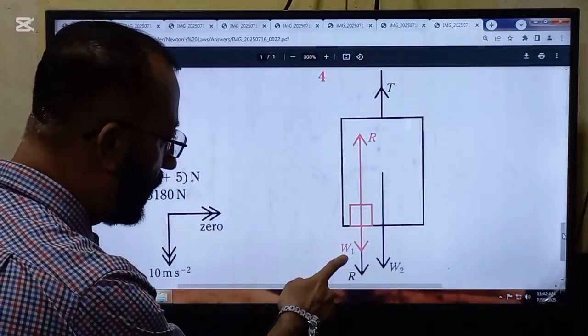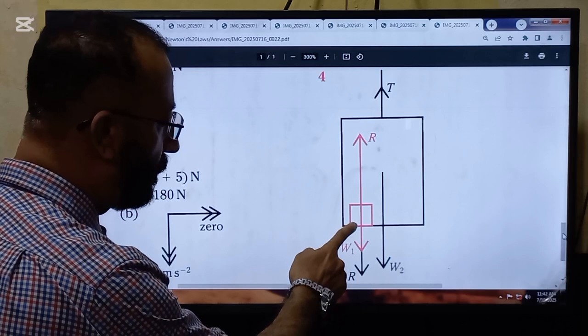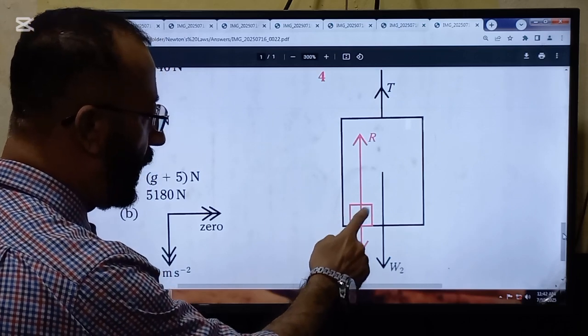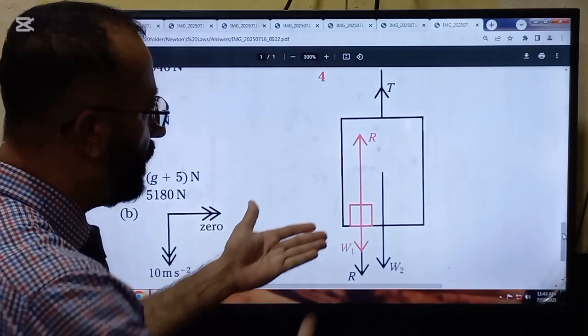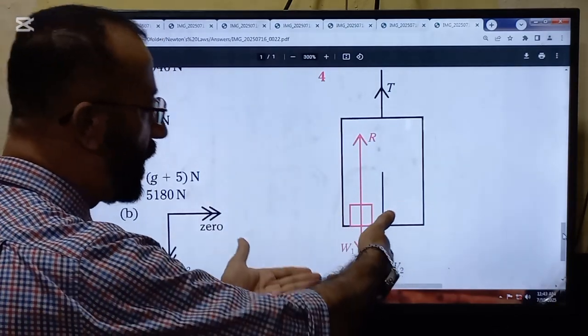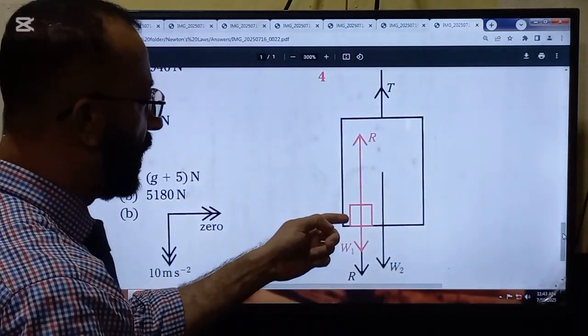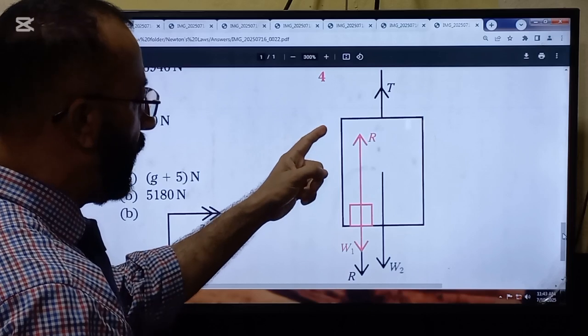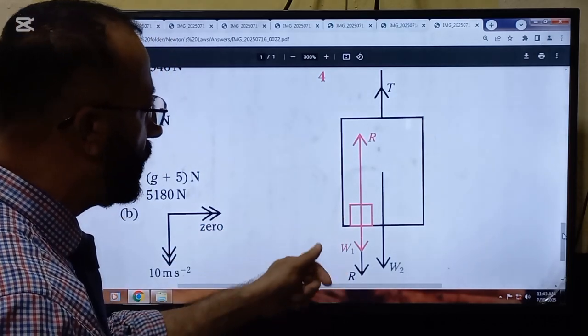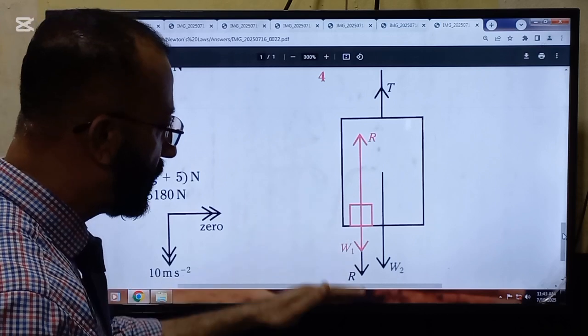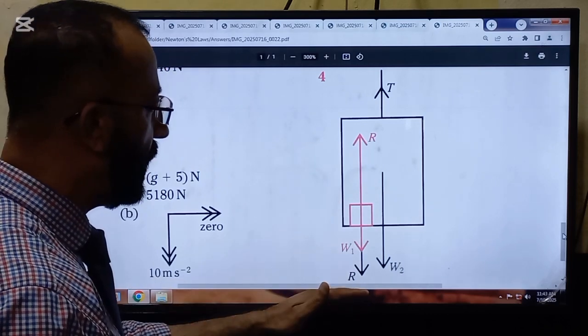Here is W1, the weight of the person who is standing in the elevator. Here is the reaction R because the elevator is pulling up. So here will be the reaction, and there will be a reaction R in the downward direction which the person is putting on the elevator.